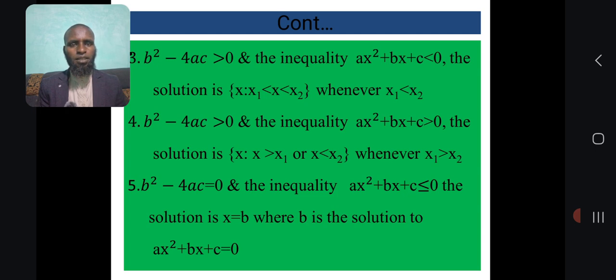When you come to the fourth one, b squared minus 4ac greater than 0 and the inequality x squared plus bx plus c greater than 0, the solution is x greater than x2 or x less than x1, whenever x1 is less than x2.